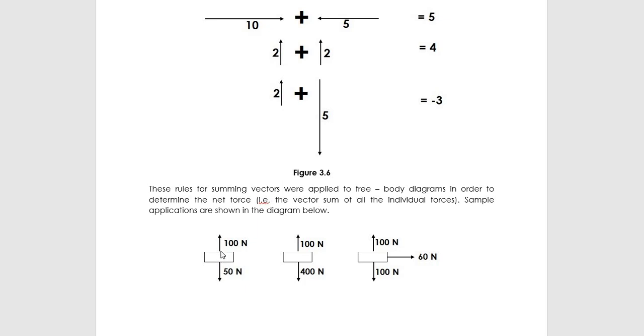So there we have an upward force of 100 Newton, and then a downward force of 50 Newtons. Kapag pinag-add natin tong dalawang to, this will be a 50 Newtons. Why? Kasi this is a positive 100 and then meron tayo ditong going down na negative 50. So this is a 50, right?